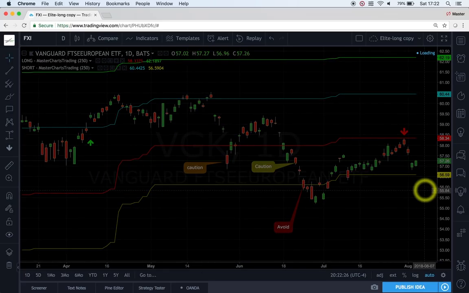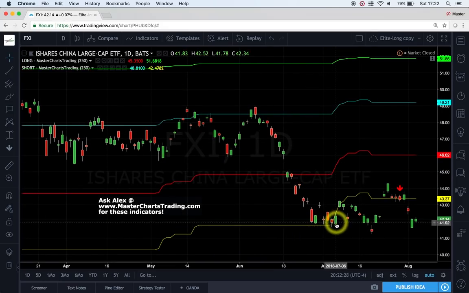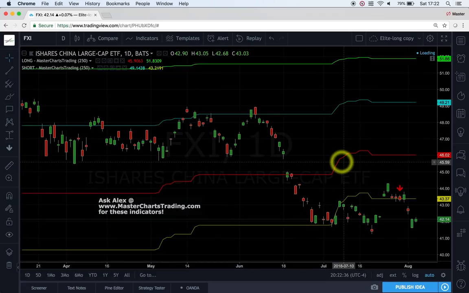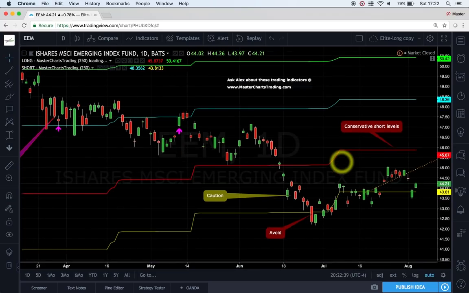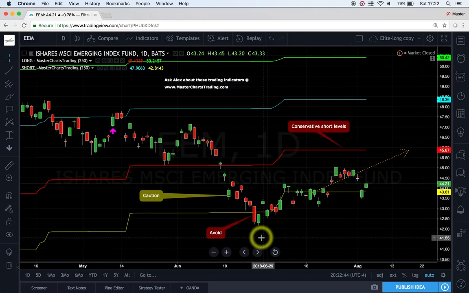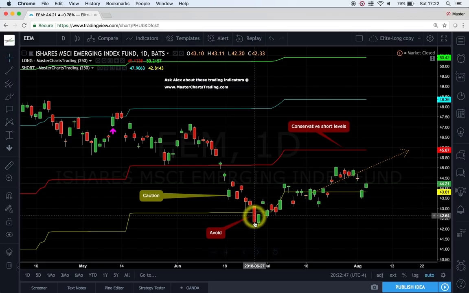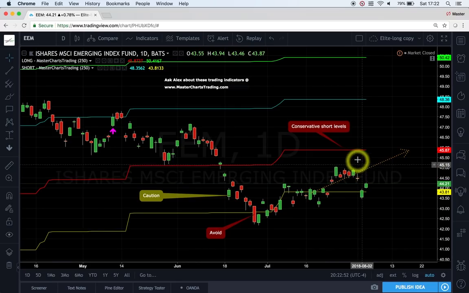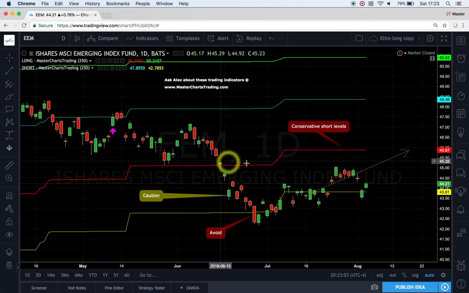China, obviously, I just showed. I would avoid it for the foreseeable future, unless we see a big push above the blue line. Emerging markets, diversified emerging markets, EEM. Here is that label I put there a few weeks ago. So again, here are the avoid levels on the 27th of June. A sizable bounce, and I thought we were going to go possibly that far, up to previous strong resistance.